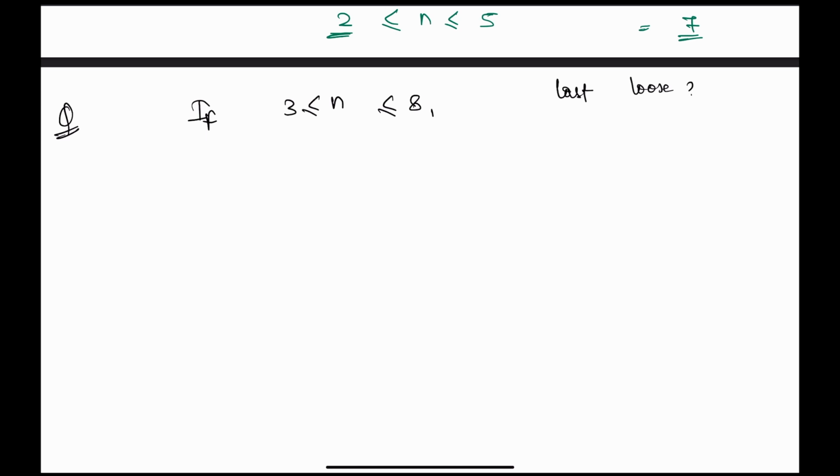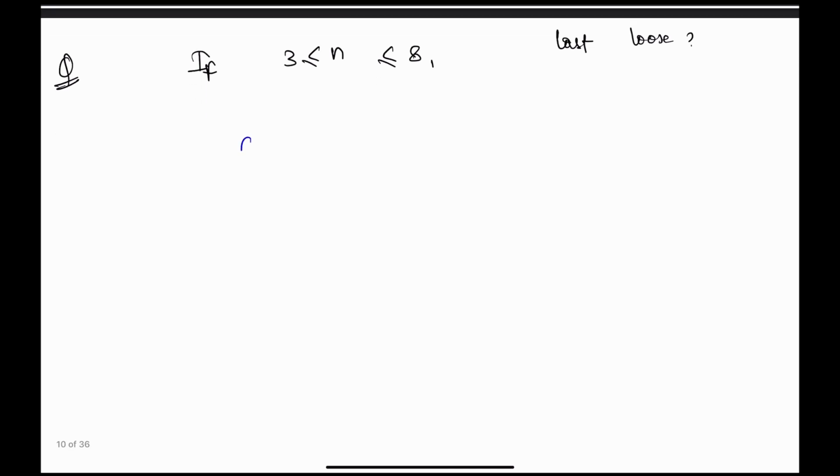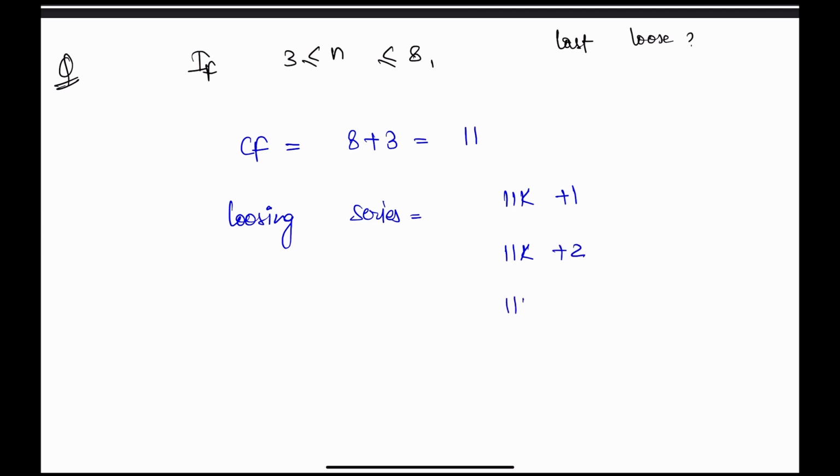Both are smart. If someone asks, tell me fast what the losing series will be, we can easily calculate. CF will be 8 plus 3, that is 11. So the losing series will be nothing but 11k plus 1, 11k plus 2, 11k plus 3.